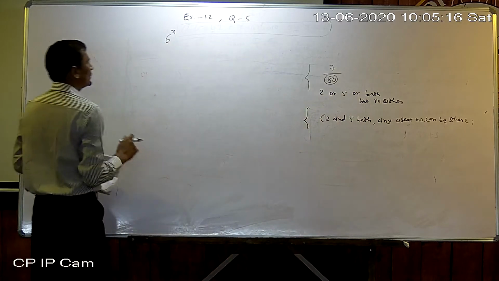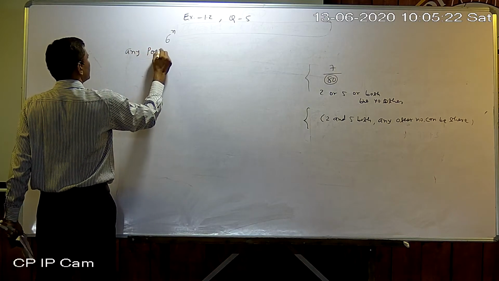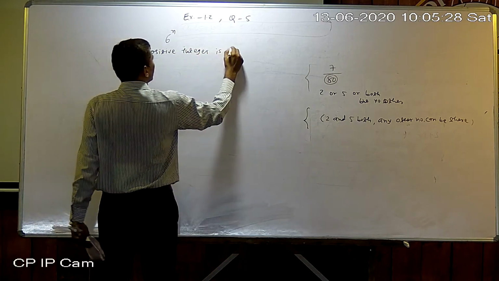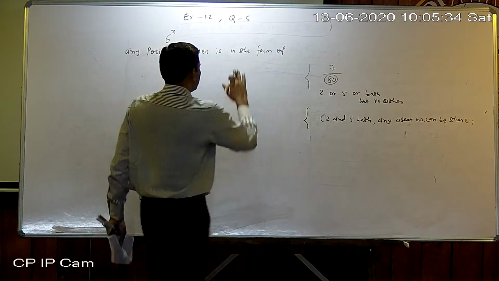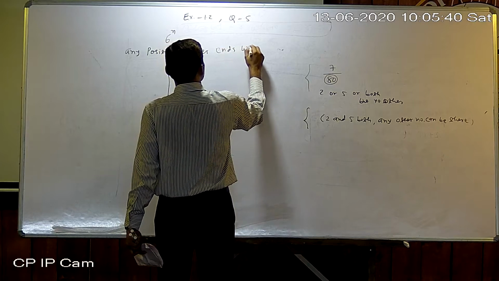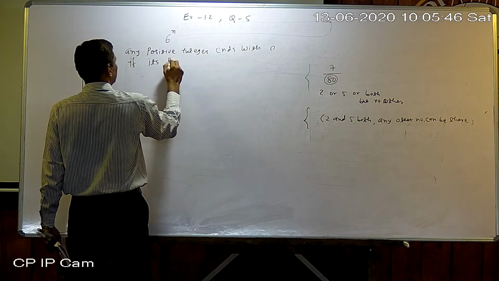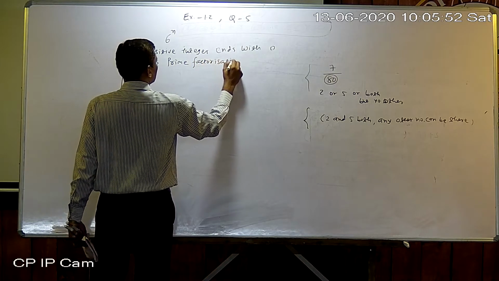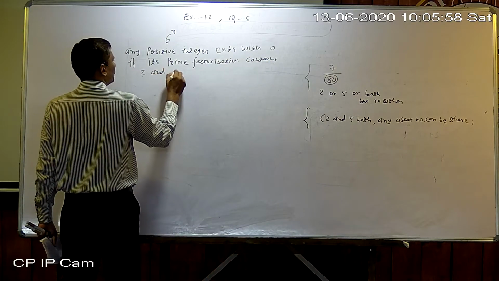So first of all, write that statement. Any positive integer ends with 0 if its prime factorization contains 2 and 5 both.